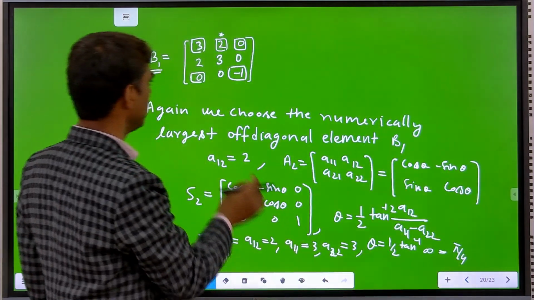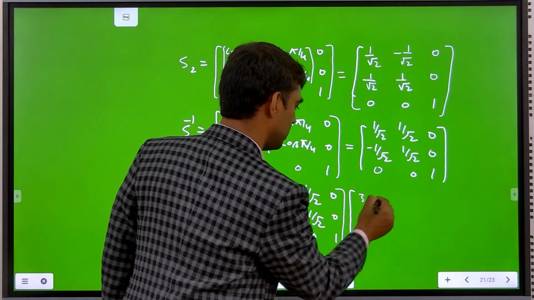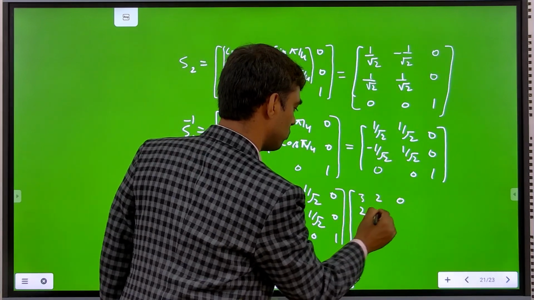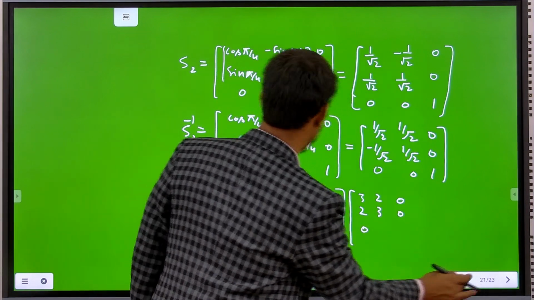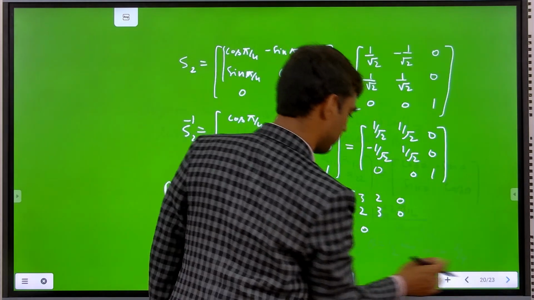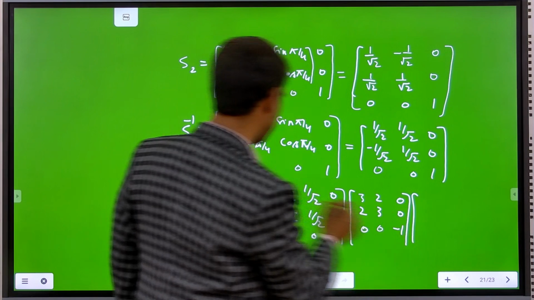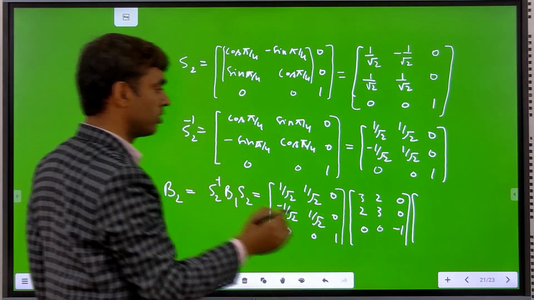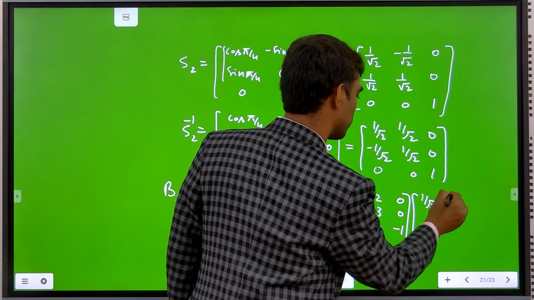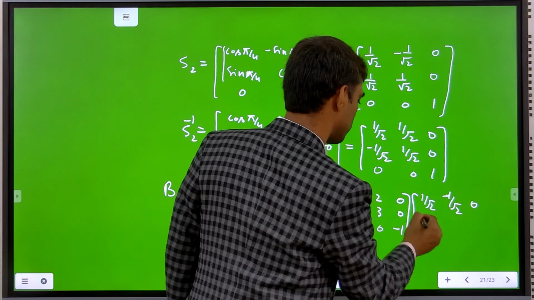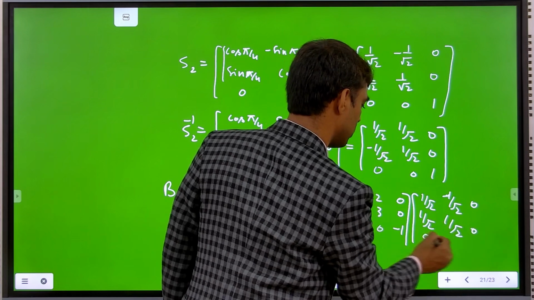What is the matrix B1? 3 2 0, 2 3 0, and 0 0 minus 1, into S2. Here we write S2, and S2 is 1 by root 2, minus 1 by root 2, 0; 1 by root 2, 1 by root 2, 0; 0 0 1.